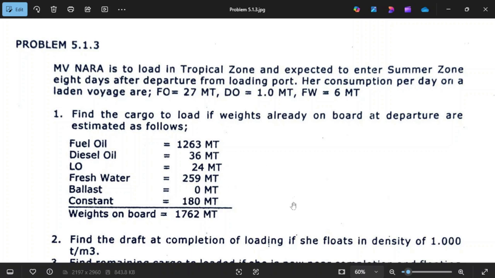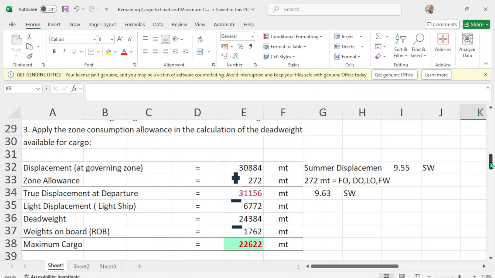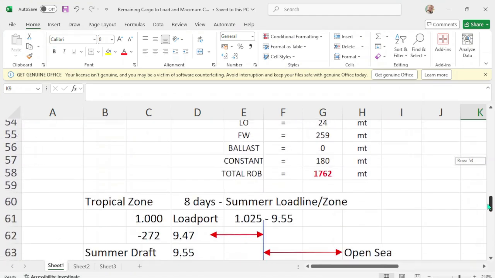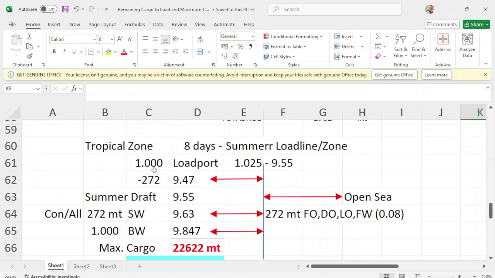Okay? And I will explain the tropical zone to enter summer zone. For example, this is the loading port. This is where he departs.